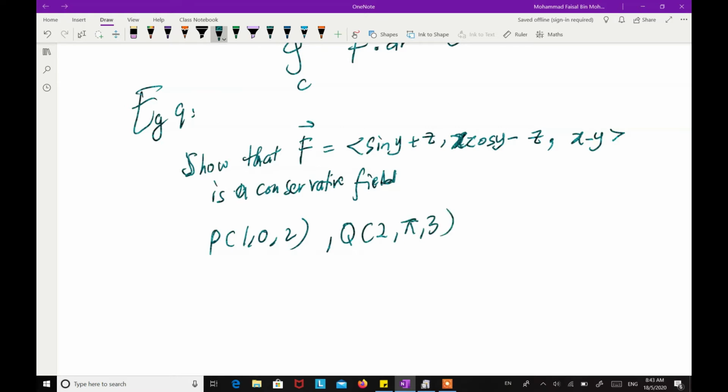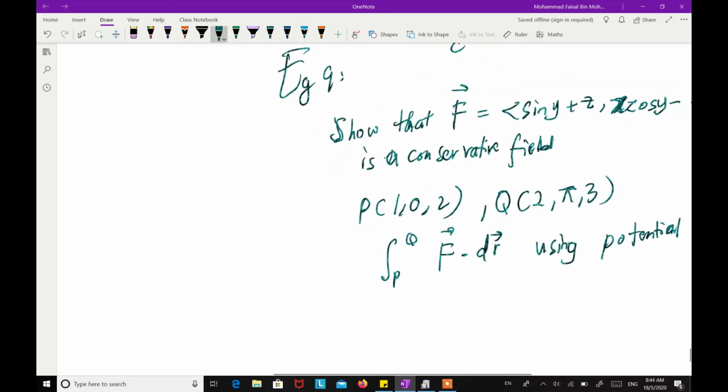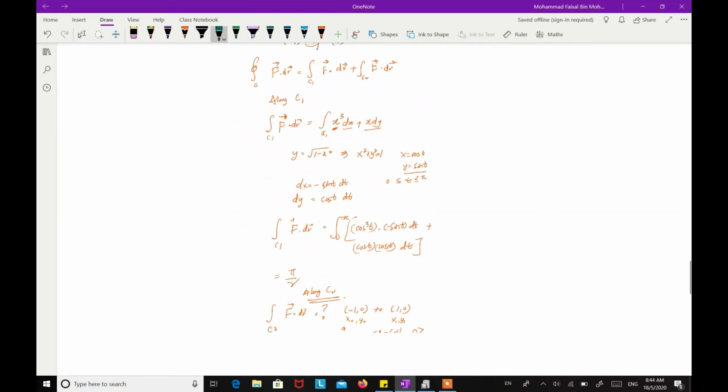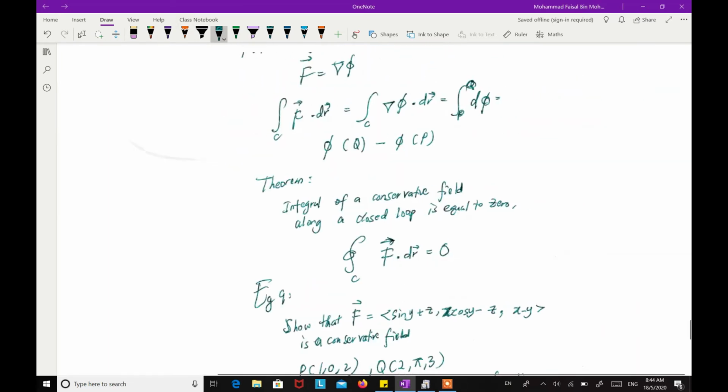Evaluate the work done, the integration from P to Q of F dot dr, using the potential function.